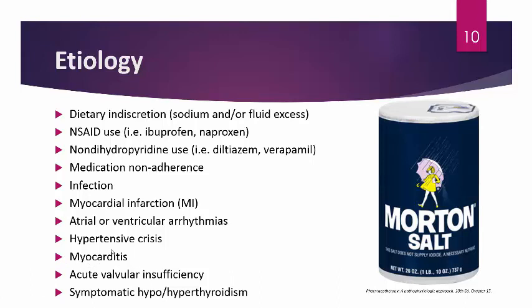In addition to acute valvular insufficiency, so some kind of problem with the patient's valves, or even symptomatic hypo or hyperthyroidism, because we know that there are many different hormones that play a role in the regulation of the heart. And thyroid hormone is one of those. So if you have a patient who's either hypo or hyperthyroid severely, it may actually manifest in a heart failure exacerbation.